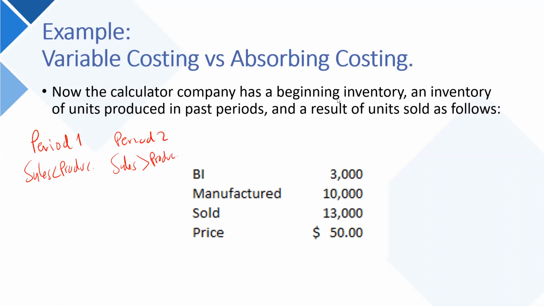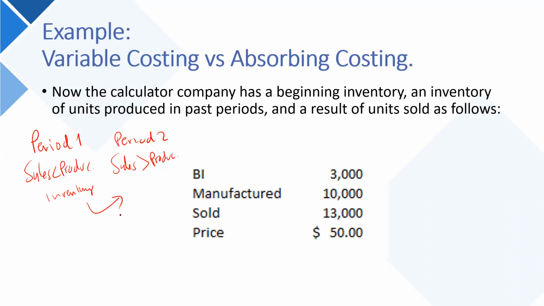This means that you need to take from someplace else the units that you're going to be selling in period 2. Some of you had the right idea that we needed those units from somewhere else, and you thought the best idea was maybe to outsource the work or buy them. But what I want you to think is that you have inventory from period 1 that you need to take to the second period.